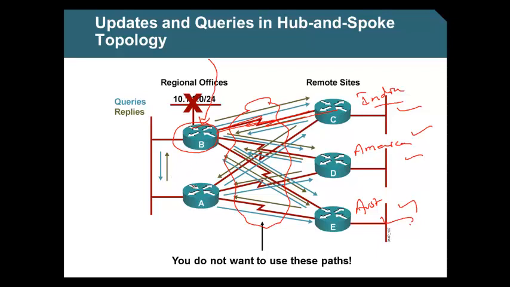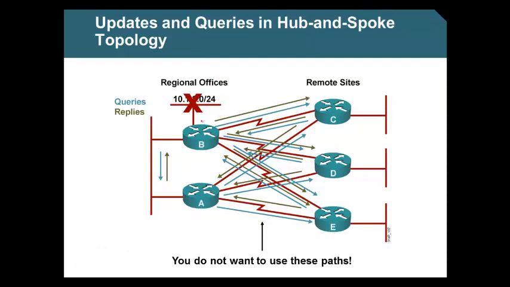Configuring stub is telling the hub router, spokes telling the hub router. Where do you configure stub? You configure stub on the spoke devices. When you configure stub on the spoke device, spokes will go to the hub device and say, hey, I have only these infos.